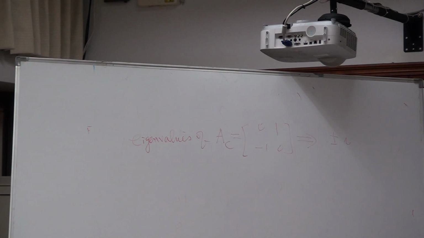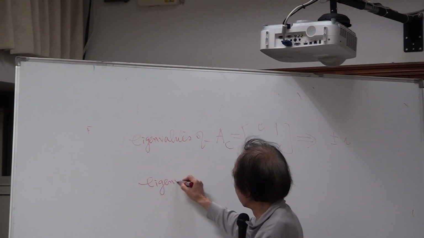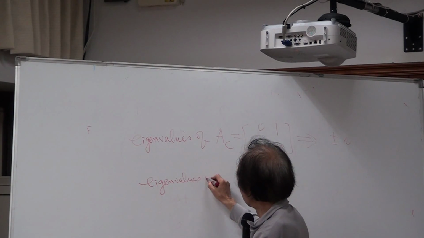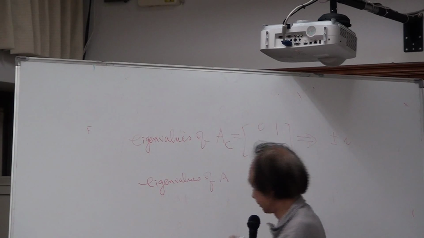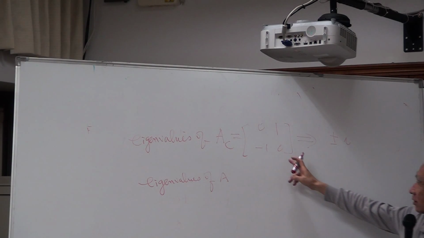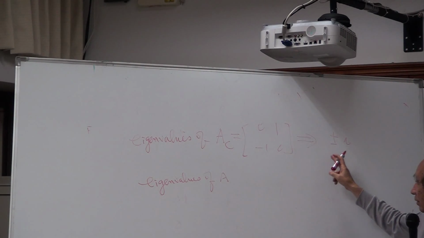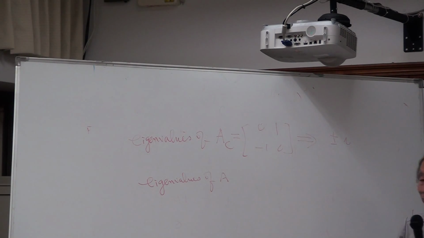Okay, now interpret this A. What are the eigenvalues of A? This is stable, but not asymptotically stable.